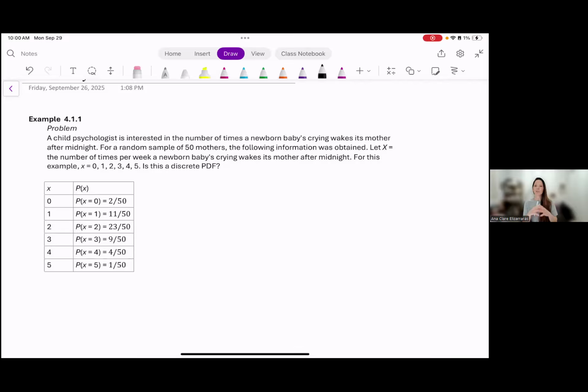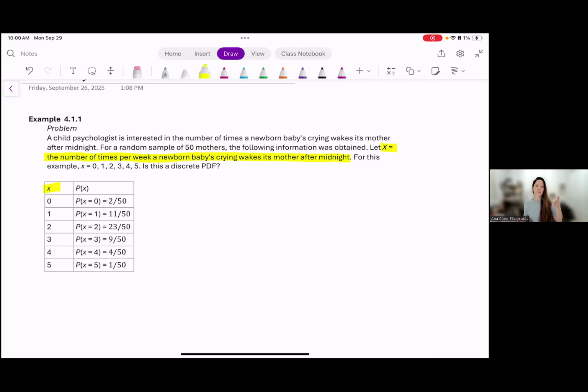In a chart, which sometimes you can see as 2 columns or as 2 rows, they're just different ways to present the information. The X's on the left, X represents the number of times per week a newborn baby's crying wakes its mother after midnight. That's in the chart right here.